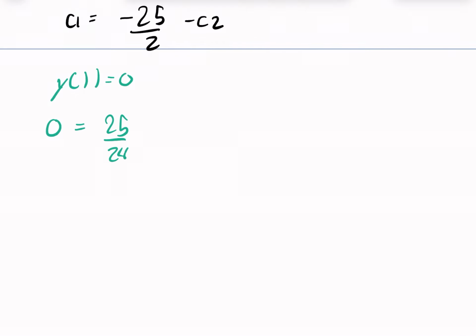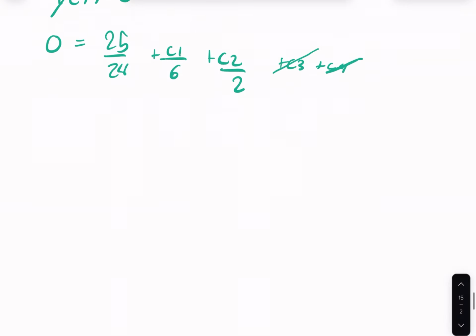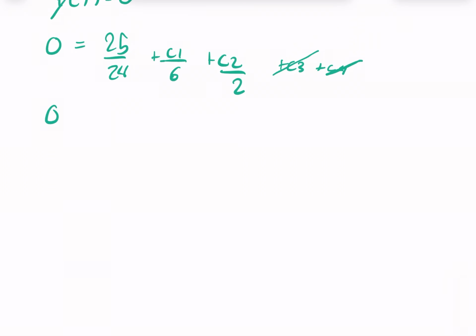So this equals 0, 25/24 plus c1/6 plus c2/2 plus C3 plus C4. We know that both of these are 0, so it doesn't matter. Now we're going to substitute C1 in, right? 25/24 minus 25/12 minus C2/6 plus C2/2.